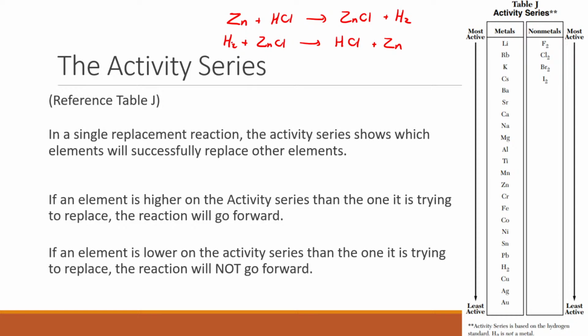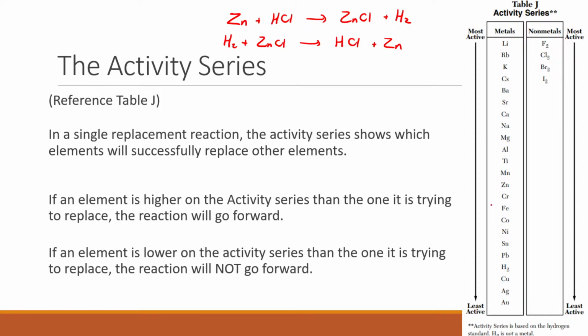And so when I'm looking at something like this, where I'm trying to choose between zinc and hydrogen, which one of these reactions is going to happen, I'm going to use Table J, which is our activity series. The activity series lists the elements. It lists some metals in a column here, and some nonmetals in a column here. It lists them from most active to least active.